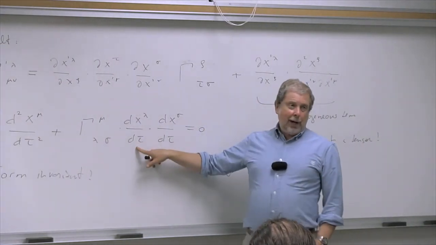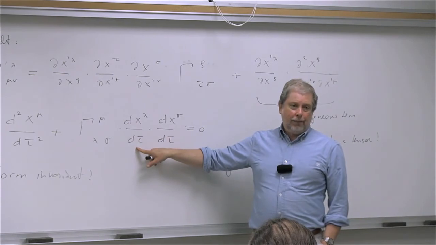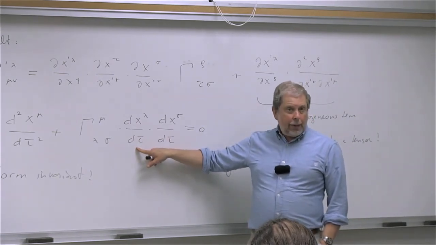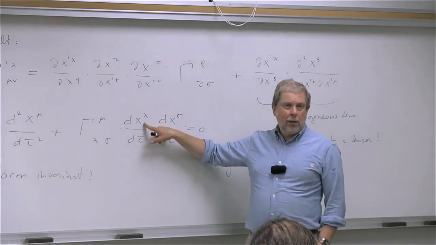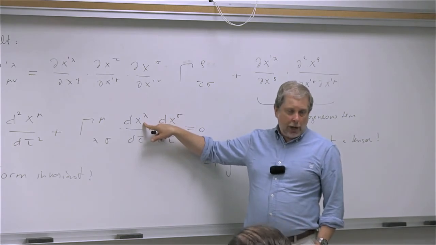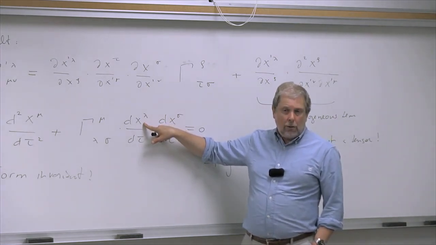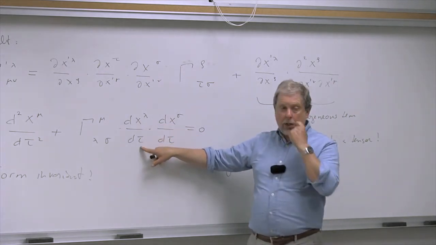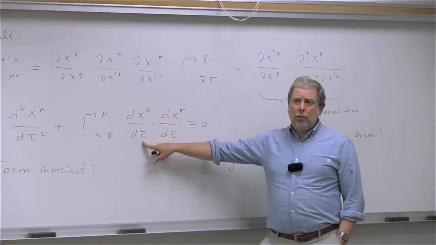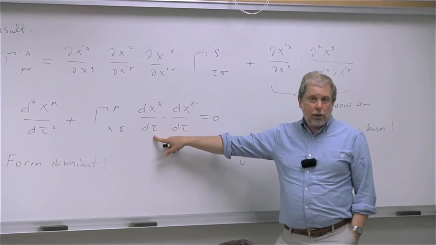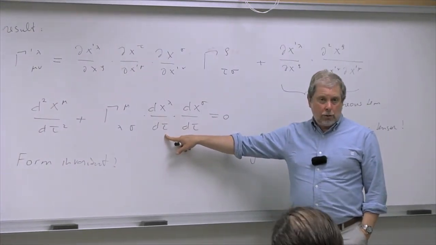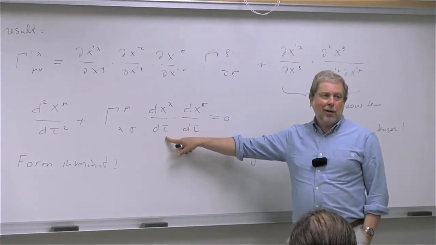What about this guy here, dx^λ/dτ? Well, we do know that the coordinate with the index upstairs is a genuine contravariant vector. And we also know that when you take the derivative with respect to a genuine scalar, which is the proper time, you still get a genuine contravariant vector.